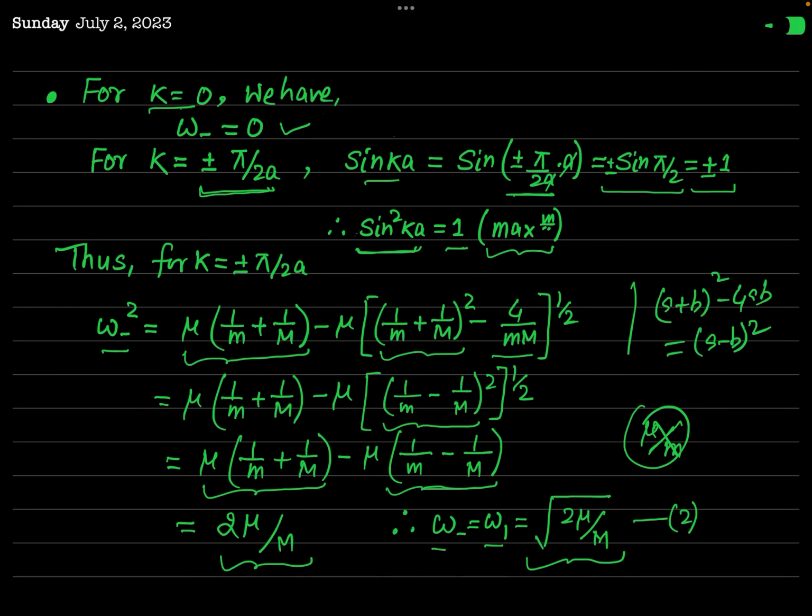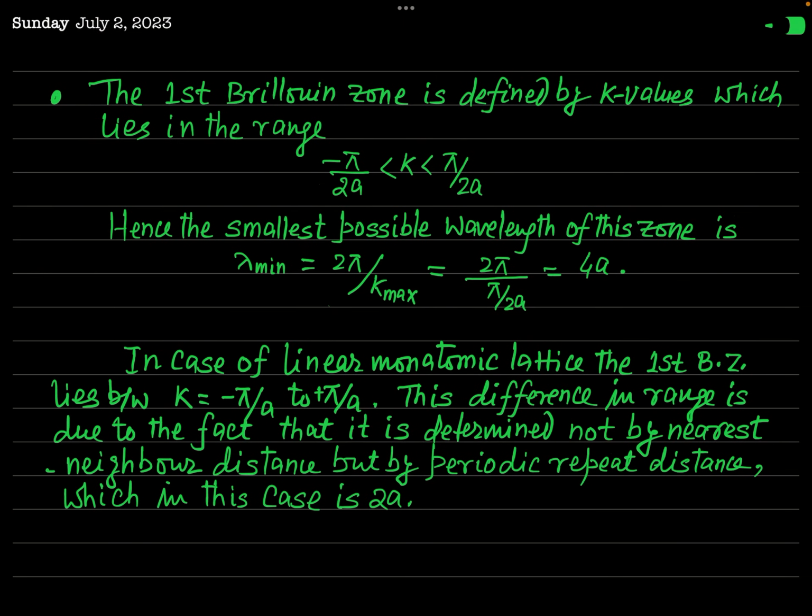Actually here the first Brillouin zone defined by the k values lies in the range between minus pi by 2a to plus pi by 2a.